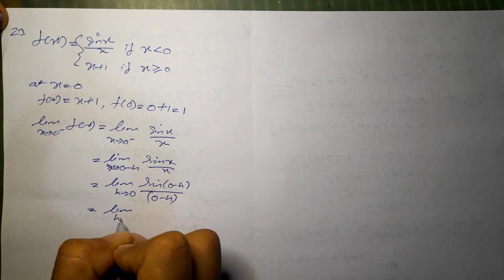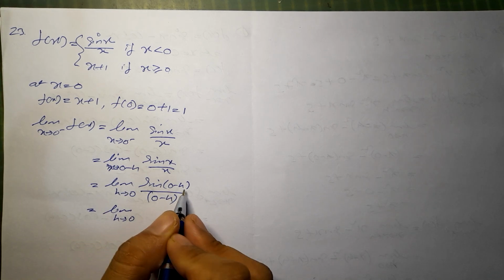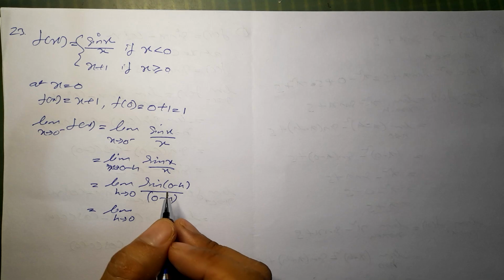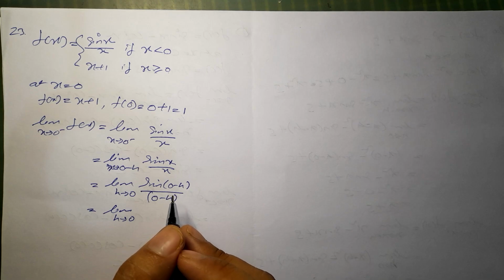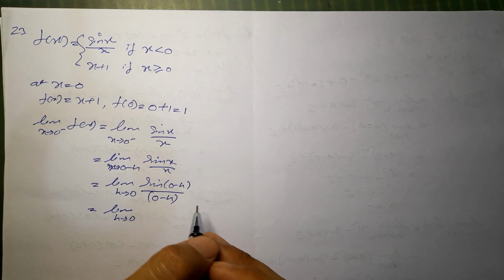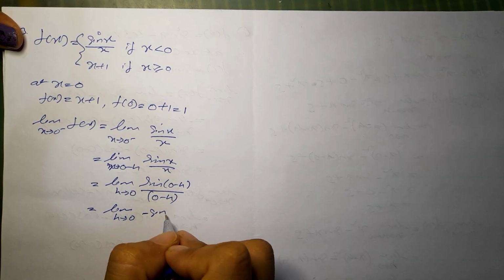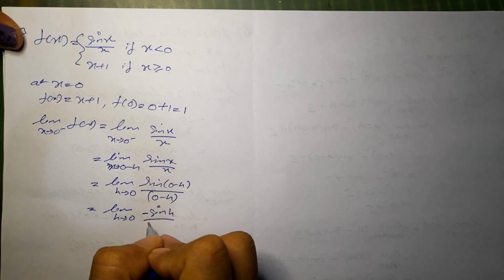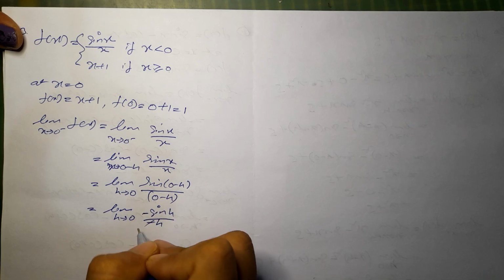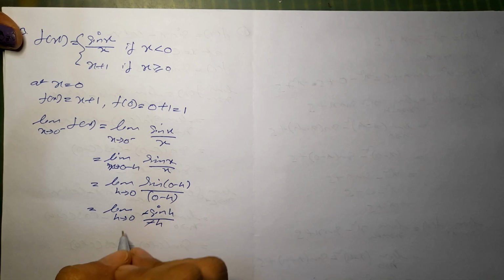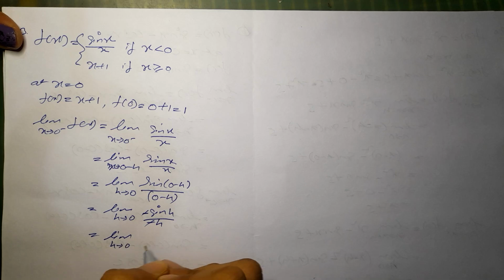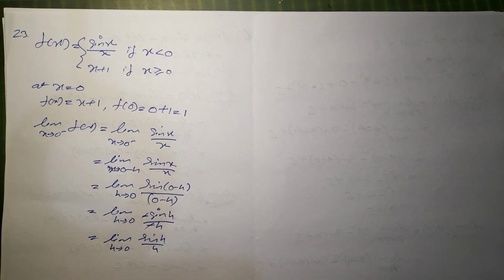Sine is an odd function, therefore the minus will come outside, it will give minus sin h divided by minus h. Minus and minus cancel, so it will be limit h tends to 0 of sin h divided by h. So this total is equal to 1.